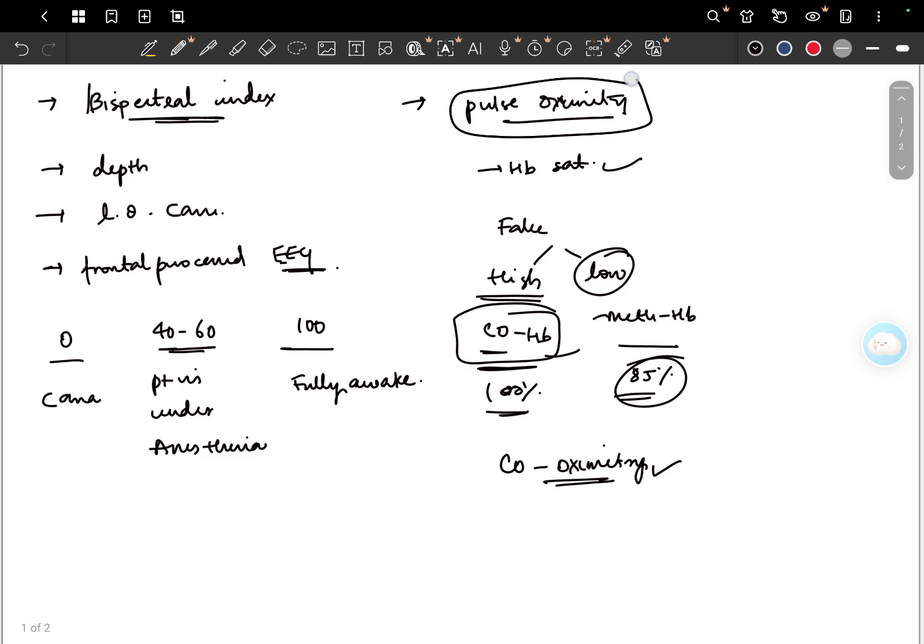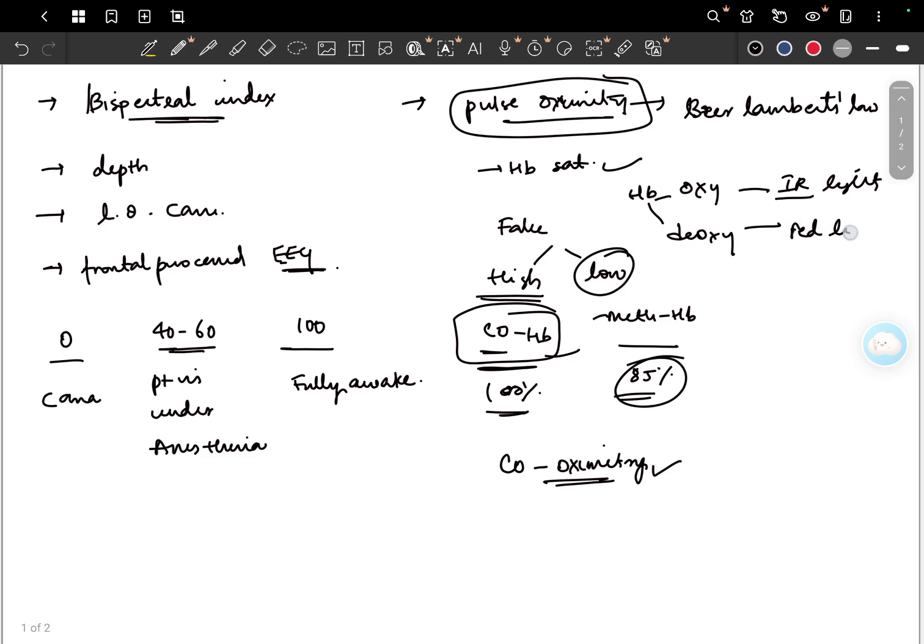Pulse oximetry works on the principle of Beer-Lambert's law. So oxyhemoglobin and deoxyhemoglobin: oxy will be seen with infrared light and deoxy will be seen with red light.